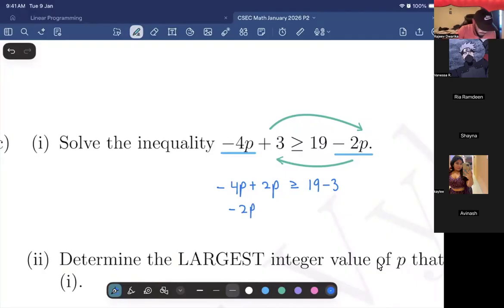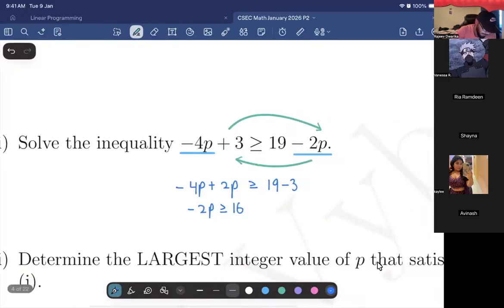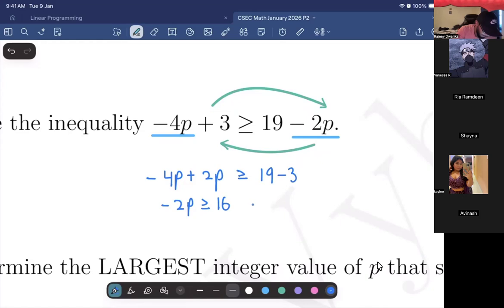Ria, continue. What should I write next? More than or equal to. What's 19 minus 3? 16. What's my next step? We divide both sides by negative 2. Now when I do that, something is going to happen.